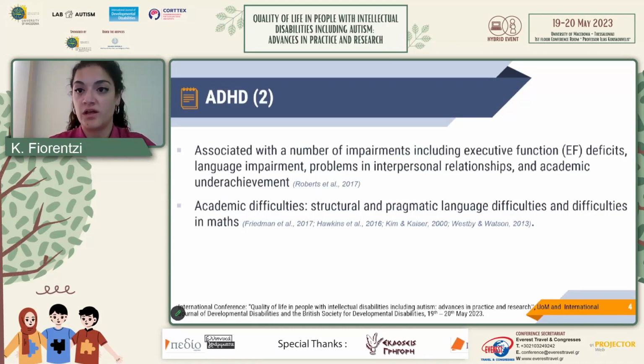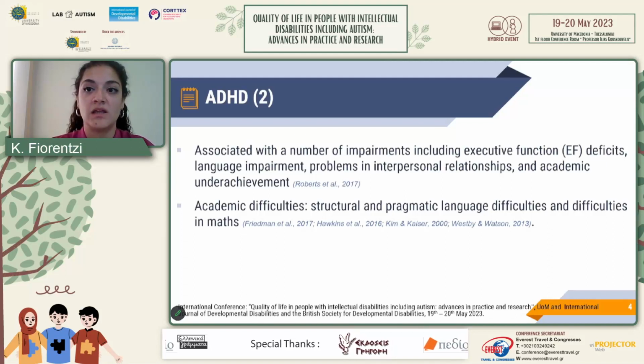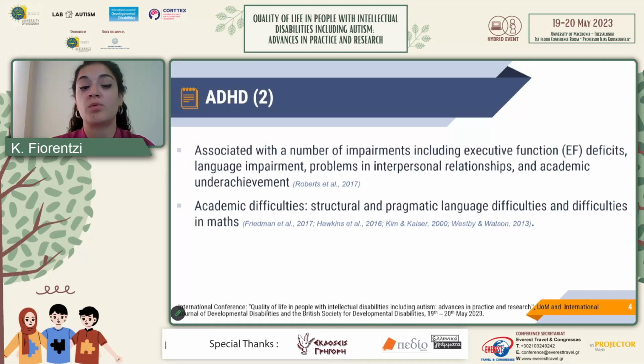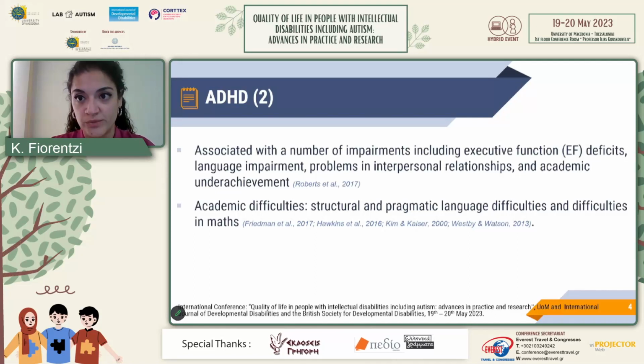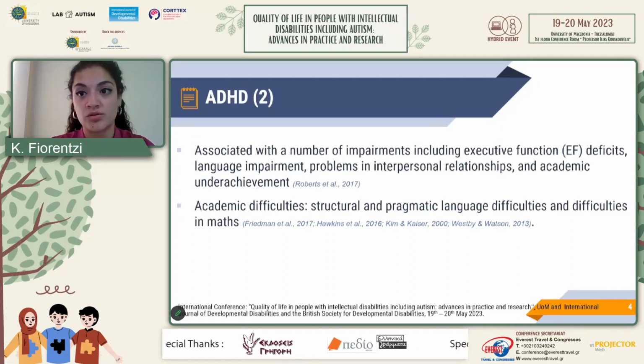Then, as far as the developmental disorder of ADHD is concerned, we have seen various impairments, including executive function impairments, language impairments, problems in interpersonal relationships, and of course, academic underachievement. The linguistic impairments are not a part of the diagnostic criteria for ADHD.